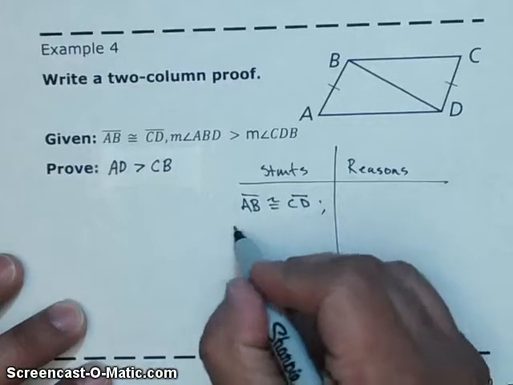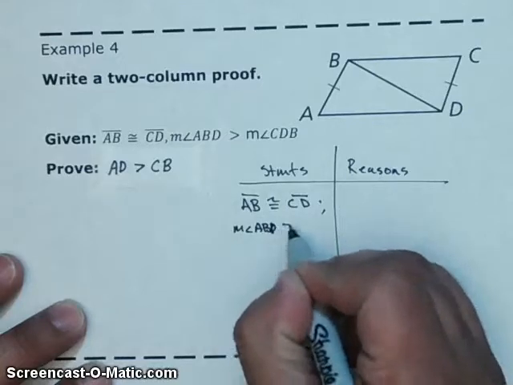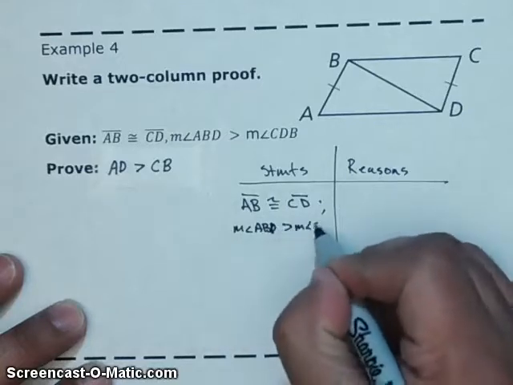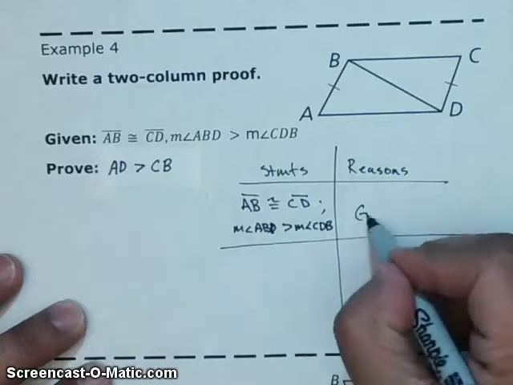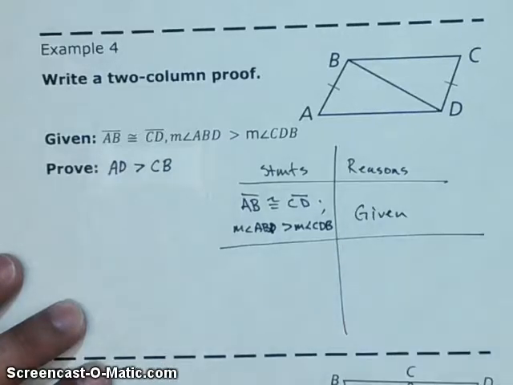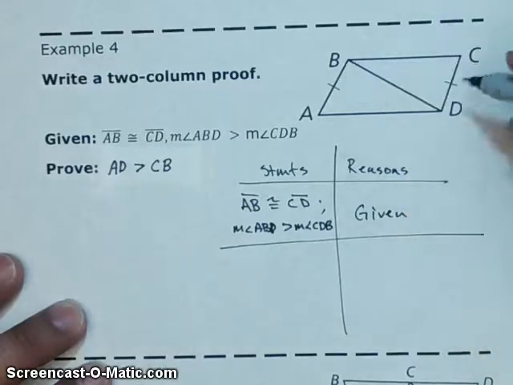And they also told us that the measure of angle ABD is greater than the measure of angle CDB. Okay, so I'm not sure what this angle is, but I know that it's bigger than this angle down here.